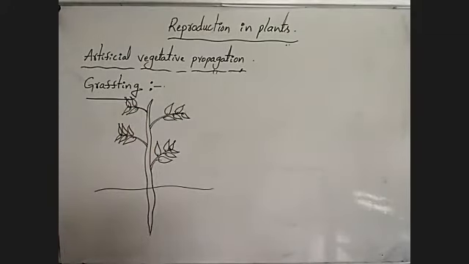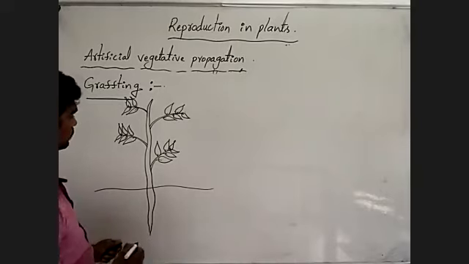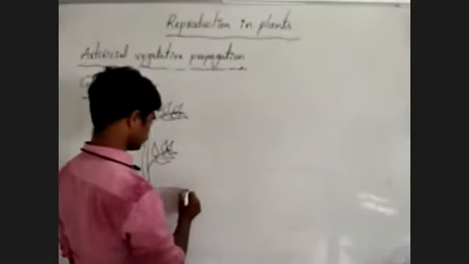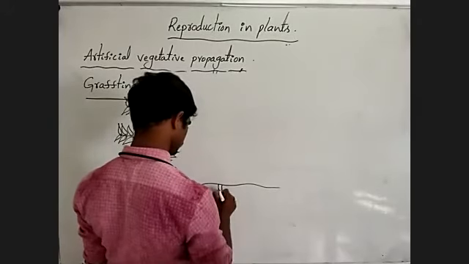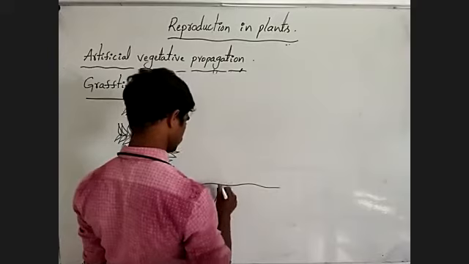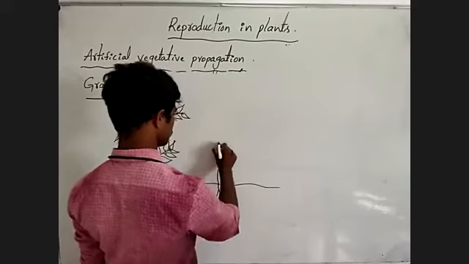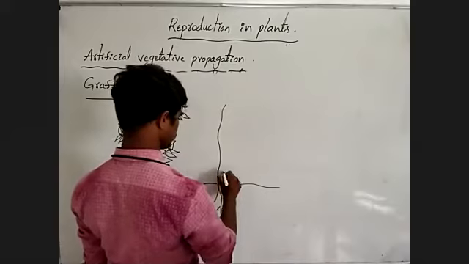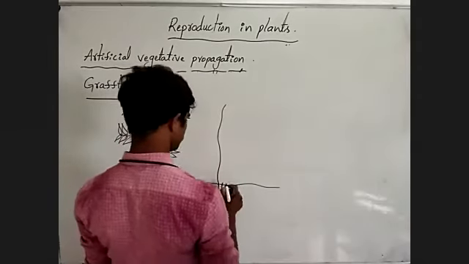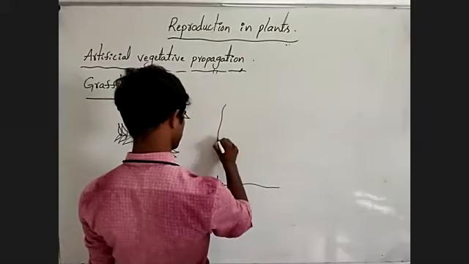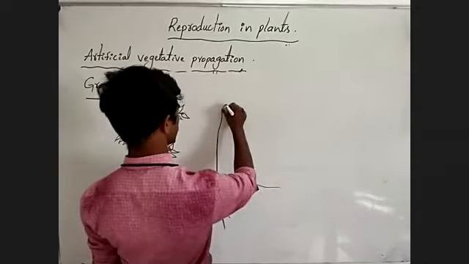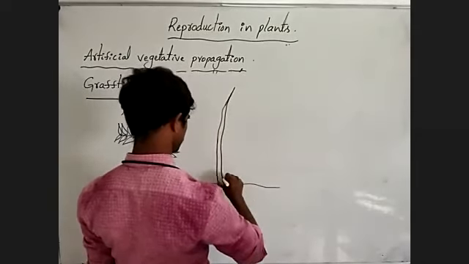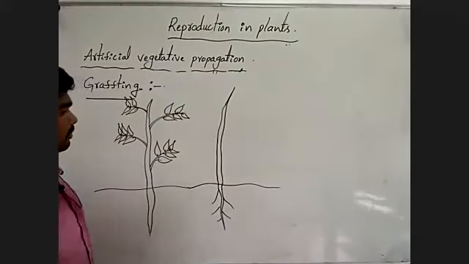Example, this is a plant. There's another plant here.